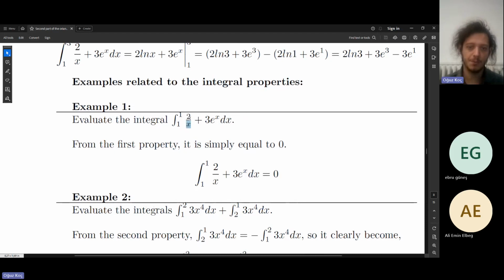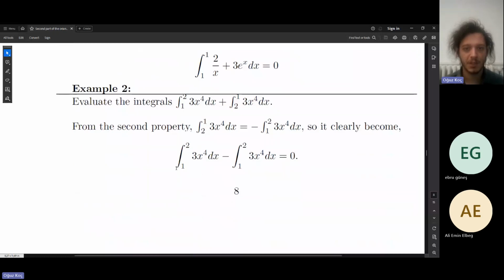There is no need to calculate those values when the limit points are equal, and we can just simply say it is equal to 0.